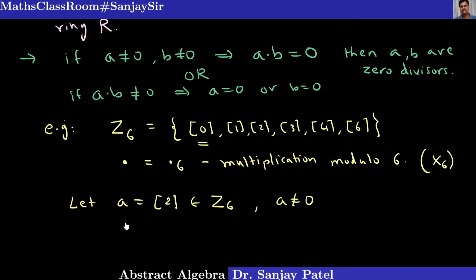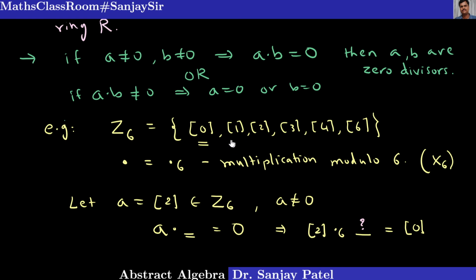And for this element we have to think, can we find something like B so that A dot something is equal to the 0 element? That is, A means 2, dot means dot 6, something equal to 0, the class 0 here. So can you find some element here so that class 2 into some class is equal to class 0 from this set? Let us put one by one.